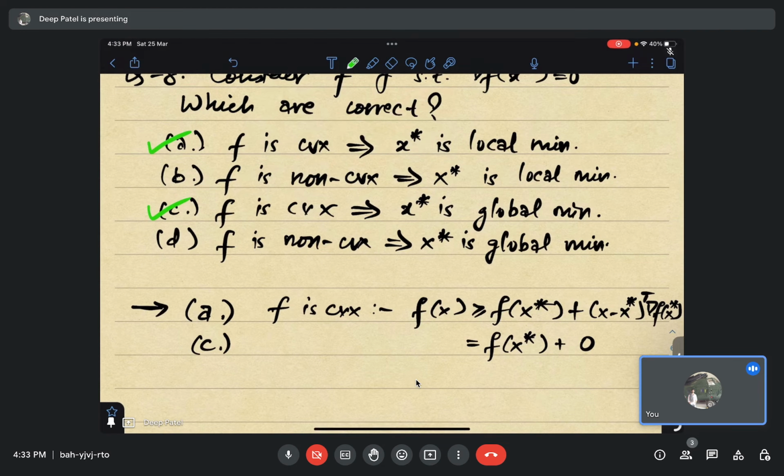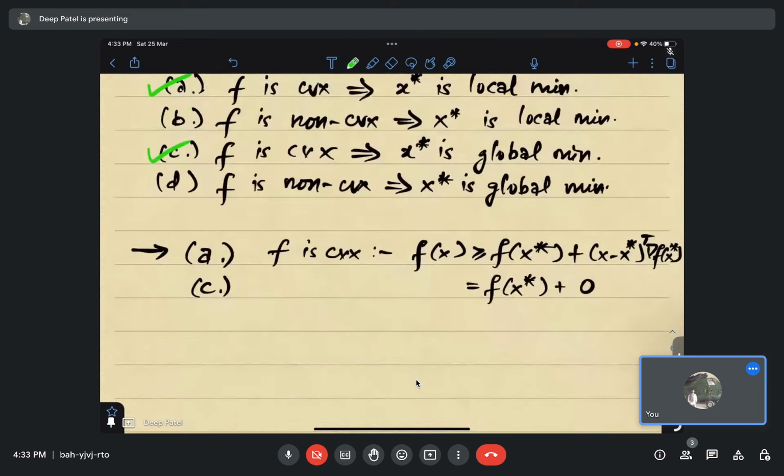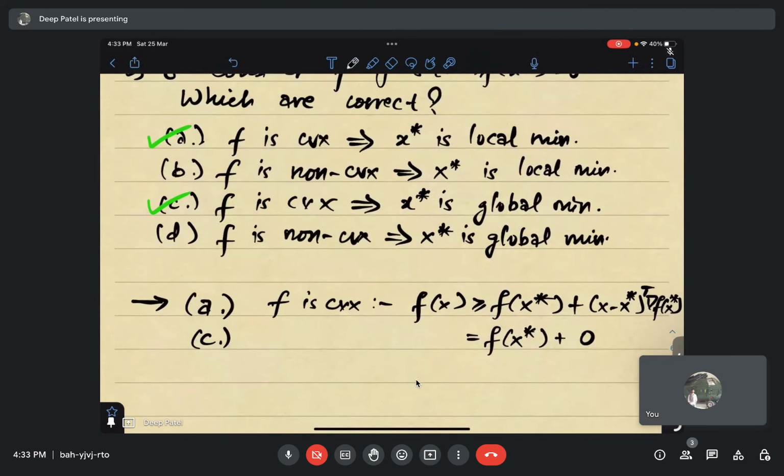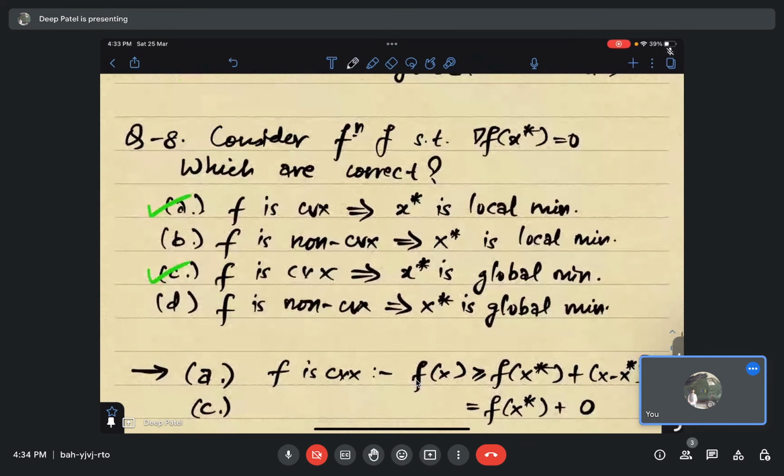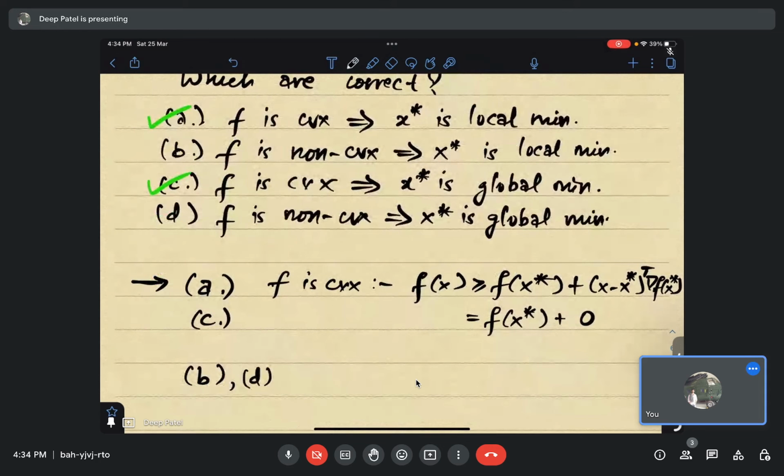How about B and D? B we cannot say, because if it's non-convex, then the gradient being 0 doesn't guarantee anything. It can be a saddle point. Can you give an example? Just for the sake of discussion, we can come up with an example.